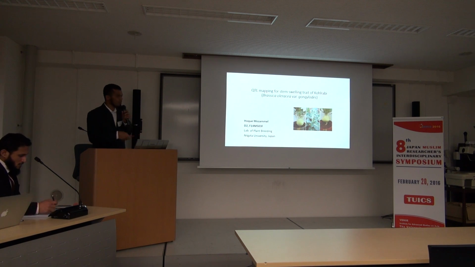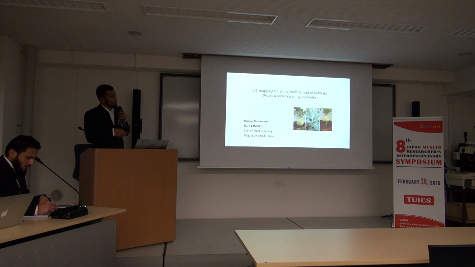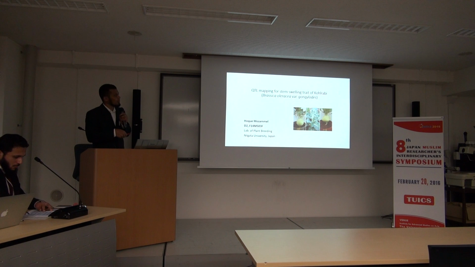I am presenting QTL mapping. It is very simple, but for around the last 30 years, since the 1990s, it has been a very efficient tool for identification of genes, especially for quantitative traits in plants. QTL, in molecular biology, we know means quantitative trait loci.